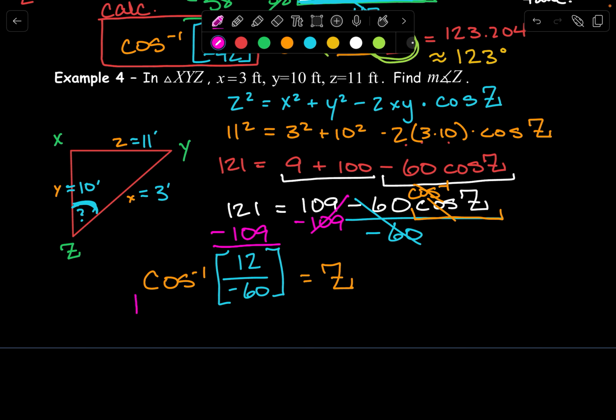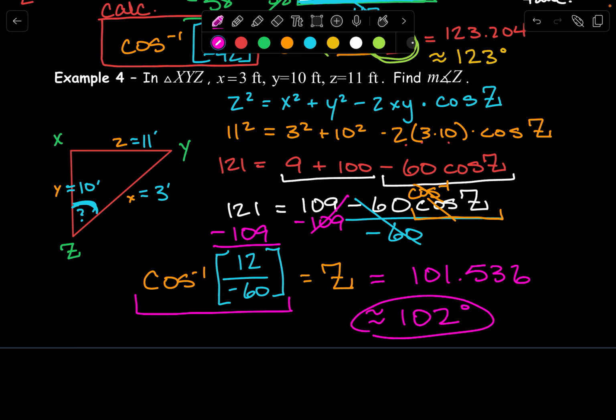And I can plug this directly into my calculator. And I get that z is 101.536. Now this is an angle, so I'm going to round it up in this case to 102 degrees. The reason I round it up is because the next number behind the ones spot is 5 or greater.